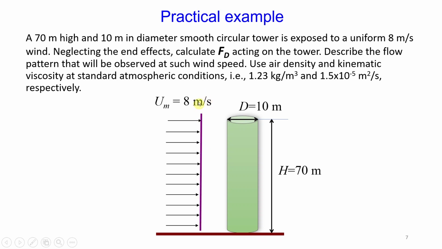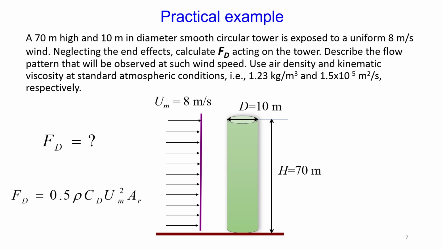But as I showed you at the start of this lecture, there is development of a boundary layer, and the velocity at the solid boundary, in this case just the surface, goes from the mainstream velocity to 0. So we need to determine the total drag force, and we will use this equation.